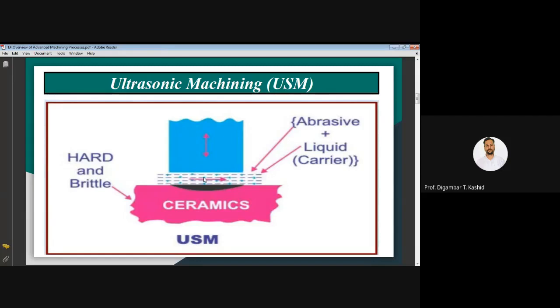So when these particles strike the workpiece surface thousands of times, every hit creates a fine crater on your workpiece metal, and like that metal is removed. With continuous hitting, finally you get the shape formed on your workpiece surface.